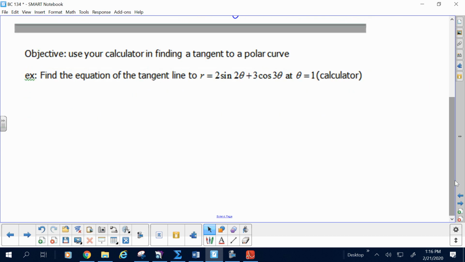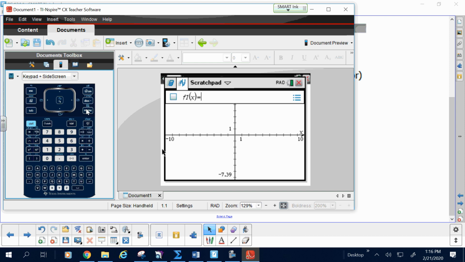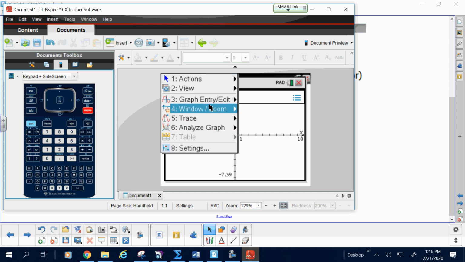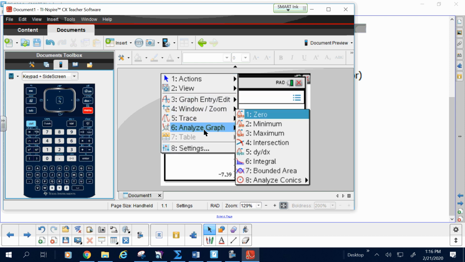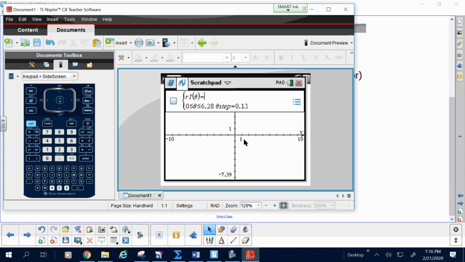Let's start by putting our calculator in polar mode and graphing this bad boy. I have no idea what this graph looks like. Some kind of rose mixture, perhaps? I don't know. So go to menu, change your window, graph entry, polar.